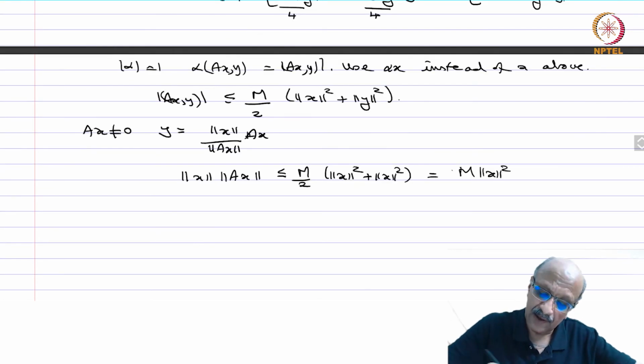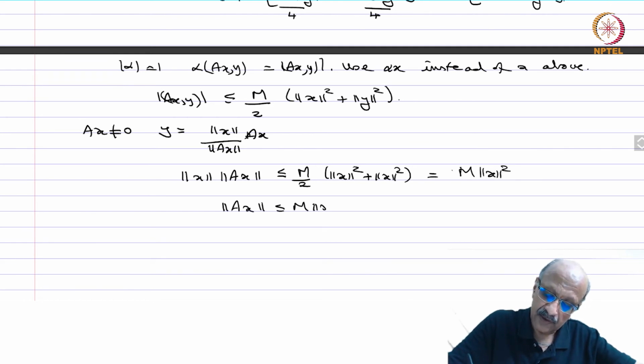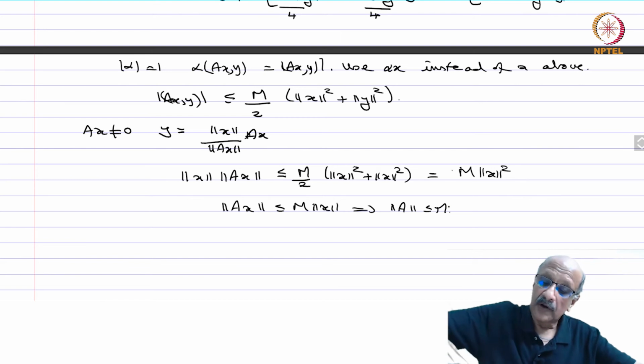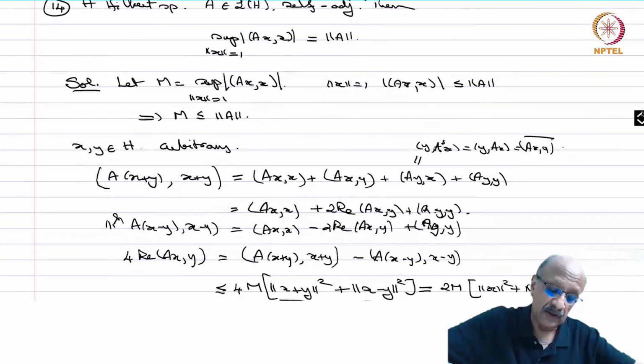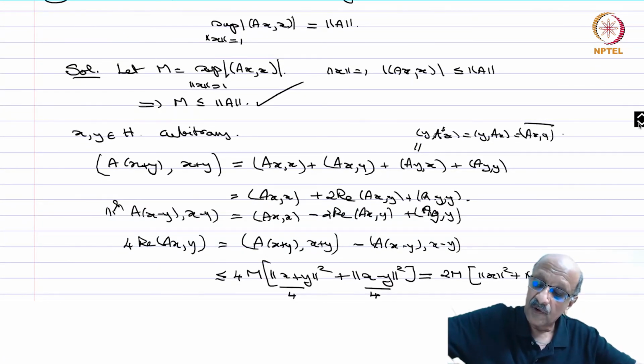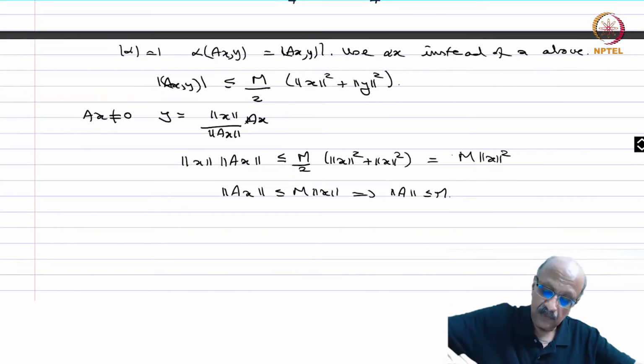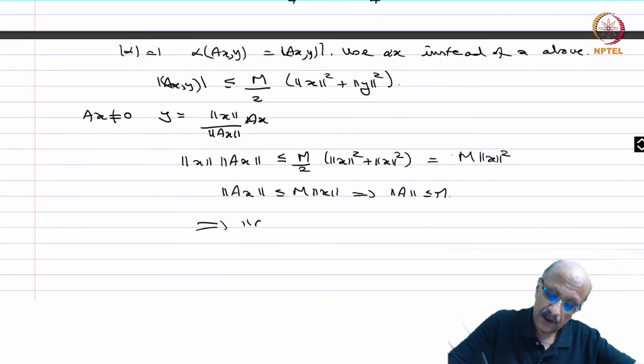So if you cancel one norm x, you get norm of Ax is less than or equal to M times norm x, which implies norm A is less than or equal to M. We already saw that norm A was bigger than or equal to M, and therefore we have both of them. So this implies that norm A equals M. Okay, so that proves the thing.